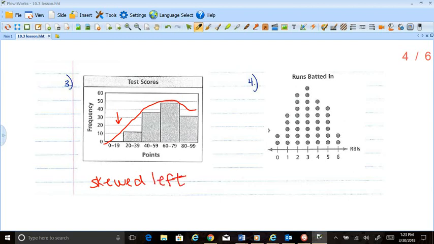This one is not identical, but it's pretty darn close. Your peak is in the middle, and it drops down fairly close on the left-hand side as it does on the right-hand side. So that would make this one symmetric.